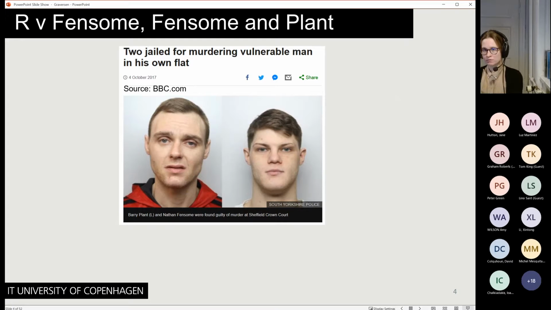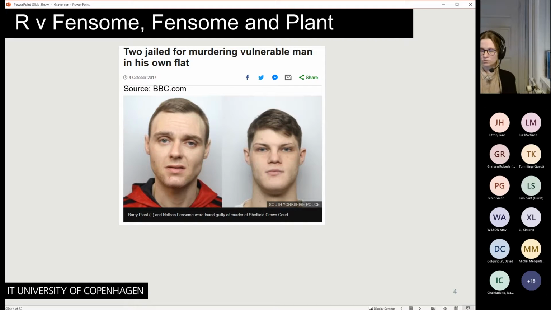Here's a case I was involved in with the South Yorkshire Police. There was, I don't know if it was a burglary, but there was a vulnerable guy living on the ground floor of a house, and he was battered to death. The police got hold of, in this case, these 2 men.